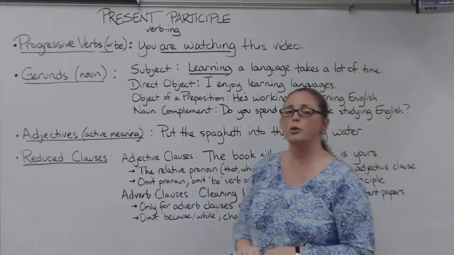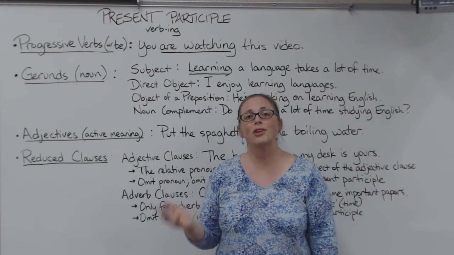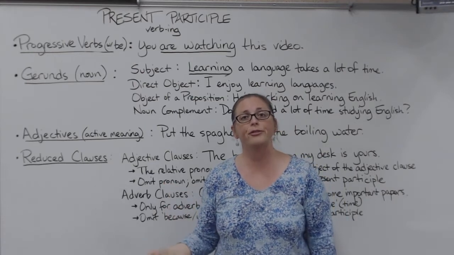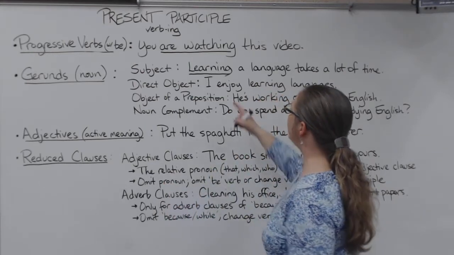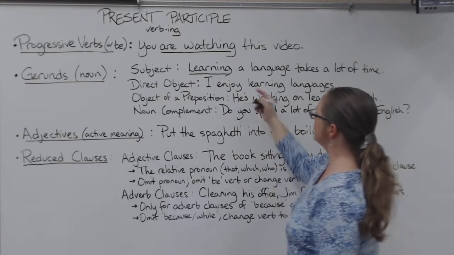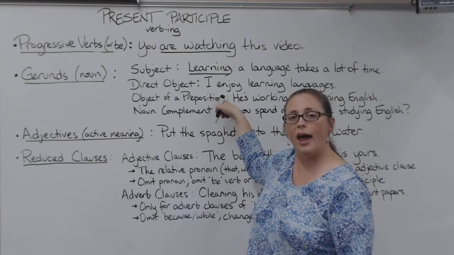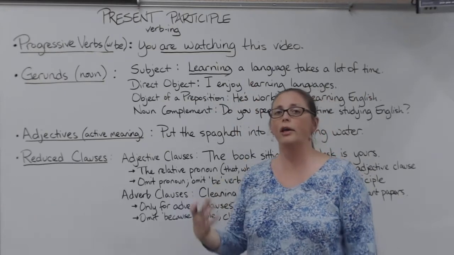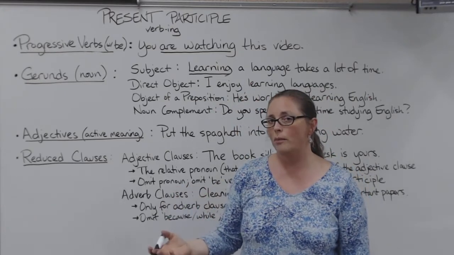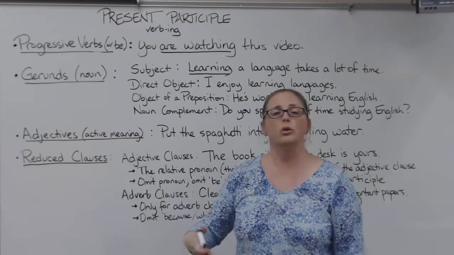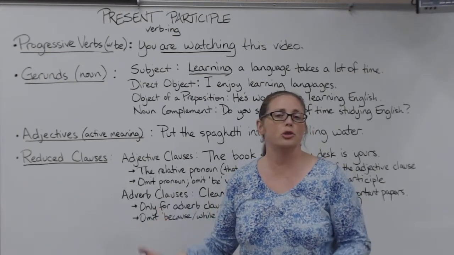You can also use gerunds as direct objects coming after a verb. I enjoy learning languages. The verb enjoy needs to have a gerund. If you want to use a verb form after enjoy, you can't say I enjoy to learn.